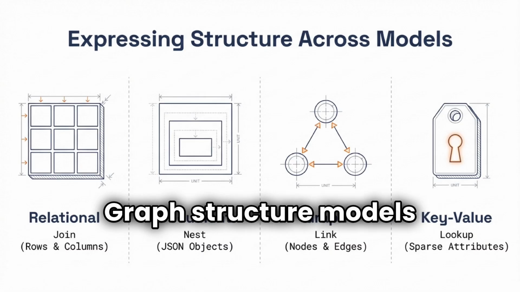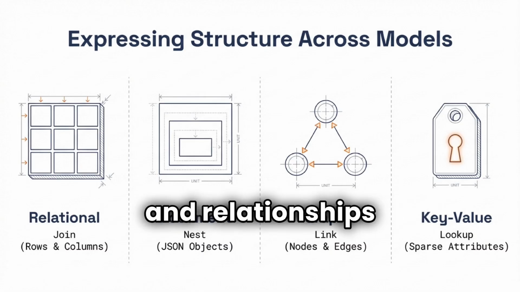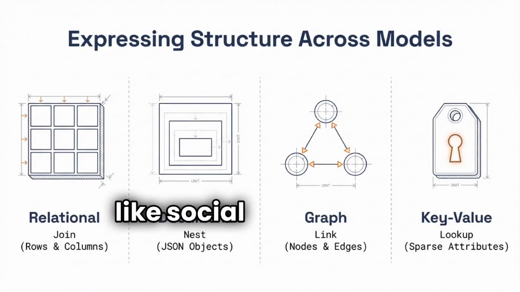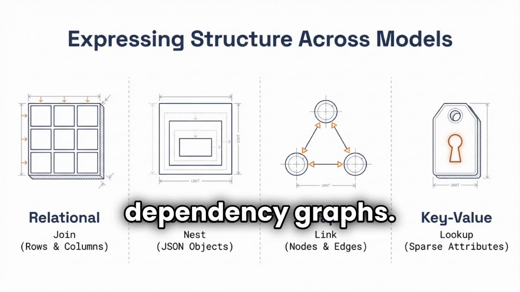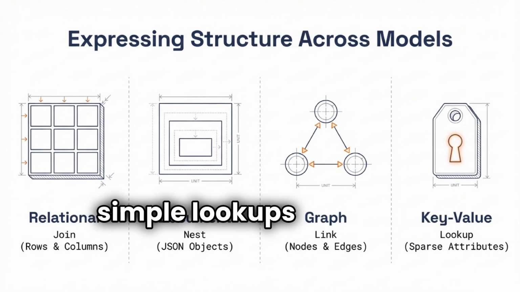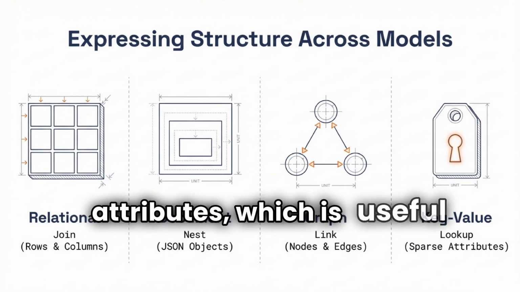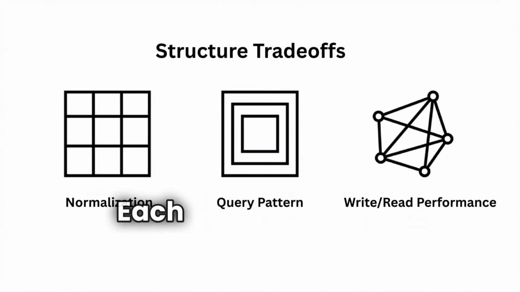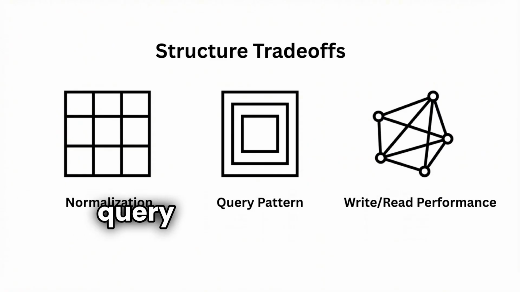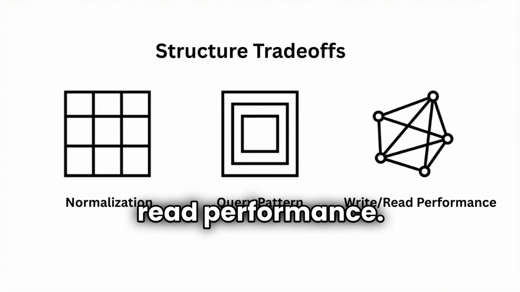Graph structure models entities as nodes and relationships as edges, which is powerful for connected data like social networks or dependency graphs. Key value and wide column structures prioritize simple lookups or sparse attributes, which is useful at extreme scale. Each model encodes different trade-offs between normalization, query patterns, and write-read performance.